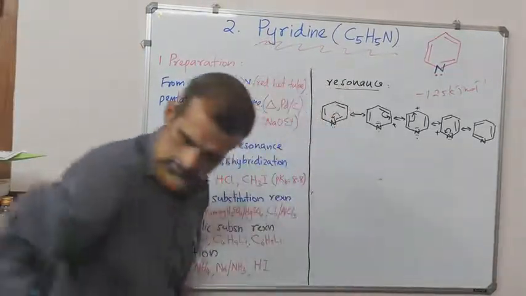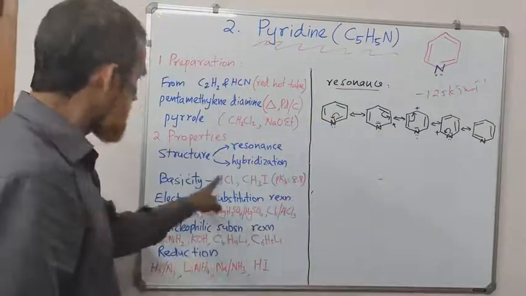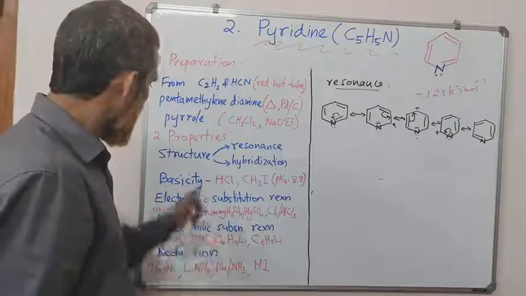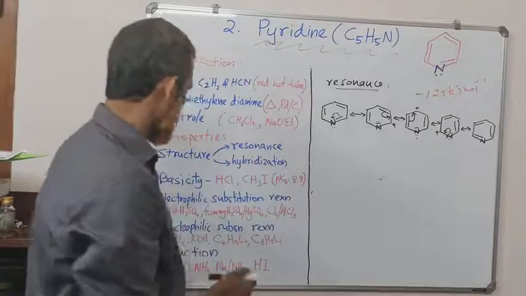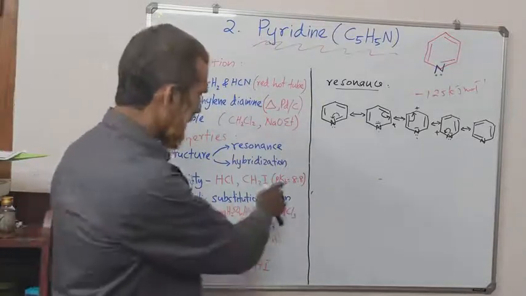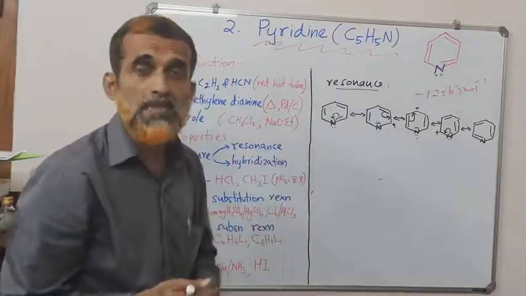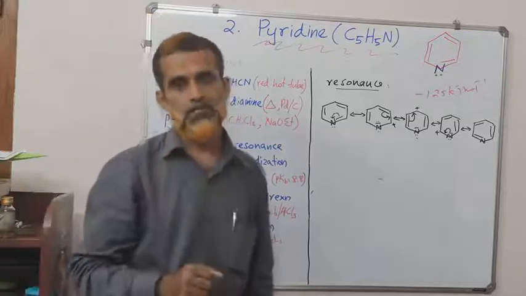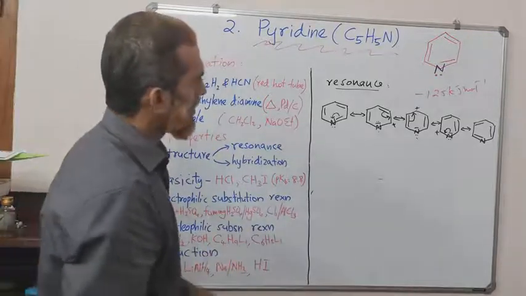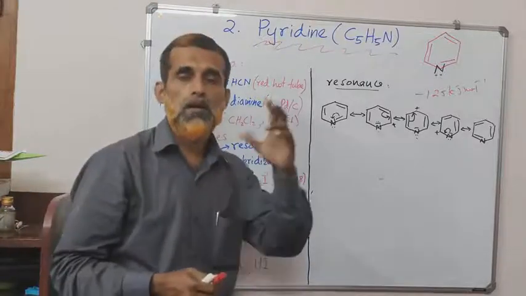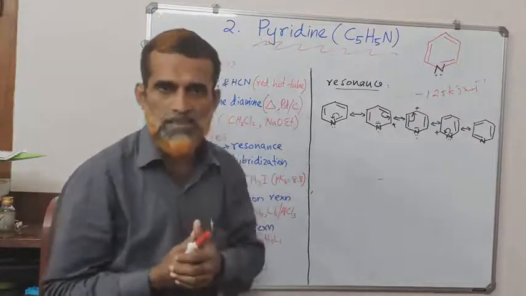The next one is basicity. As I told you, pyridine is highly basic, quite basic. pKb value is 8.8, which is comparable to that of aniline. Now, how to explain the fairly good basicity of pyridine?